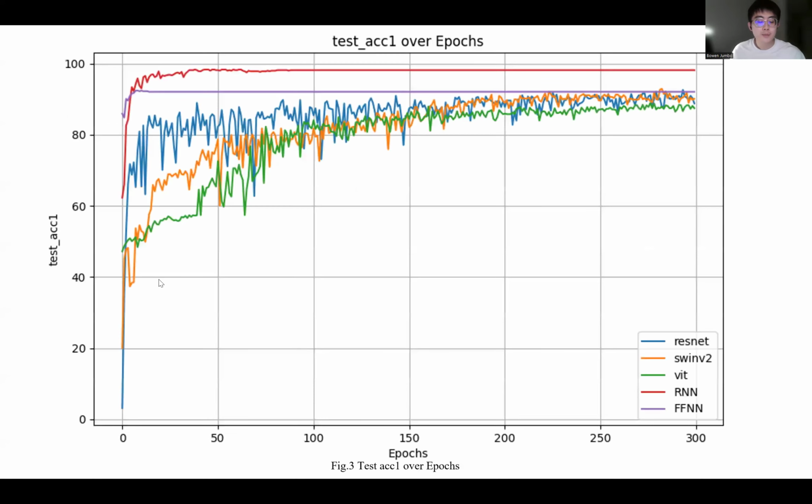Okay, let's move on. For this picture, it's the top one accuracy for the test dataset. We can see that the test accuracy for the feed-forward neural network is the highest, and compared to the three different image classification models, the vision transformer has the worst result.